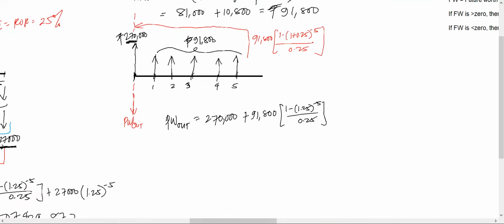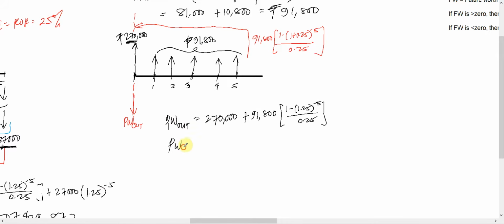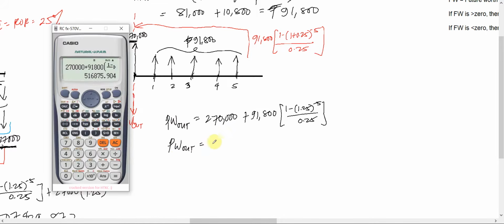Okay, so, value natin for present worth outflow, 270,000 plus 91,800 times 1 minus 1.25 raised to negative 5 all over 0.25. So, check lang. Yan. Equals. So, the present worth natin sa cash outflow is equal to 516.